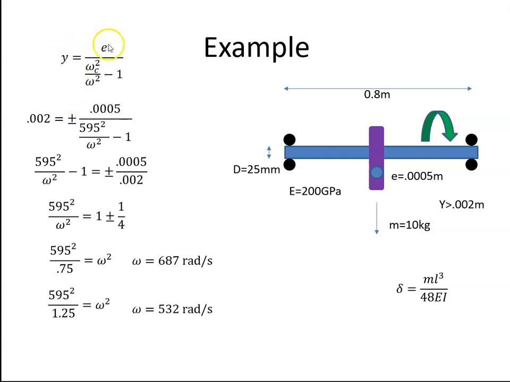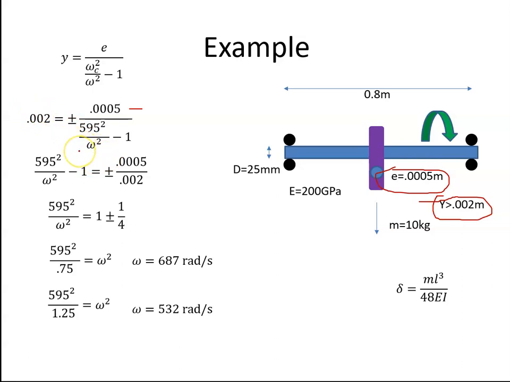So the deflection is e over omega c squared divided by omega squared minus 1, and we're looking for omega. The eccentricity we were given, that's this value here. We just calculated 595, we want omega, and we were told that the deflection y is when it is greater than 0.002 of a meter, or 2 millimeters.